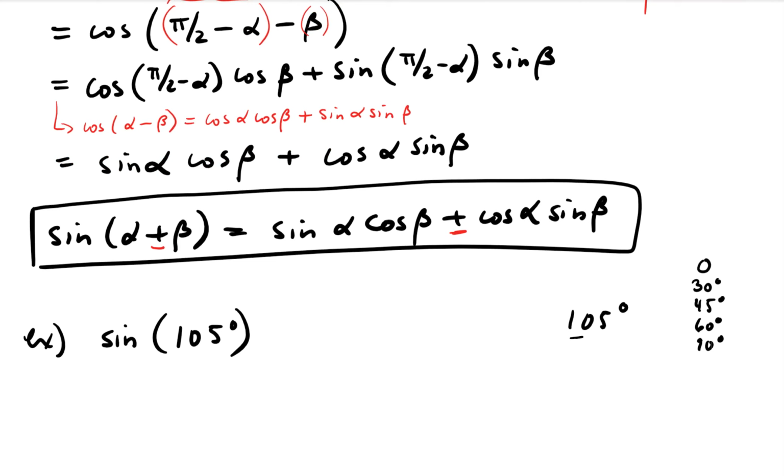So how can we get 105 from those numbers? By adding them or maybe subtracting them. Then try to use the last formula to come up with the exact value of sine of 105 degrees.